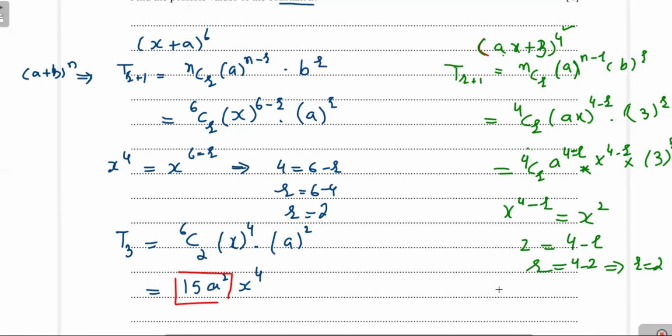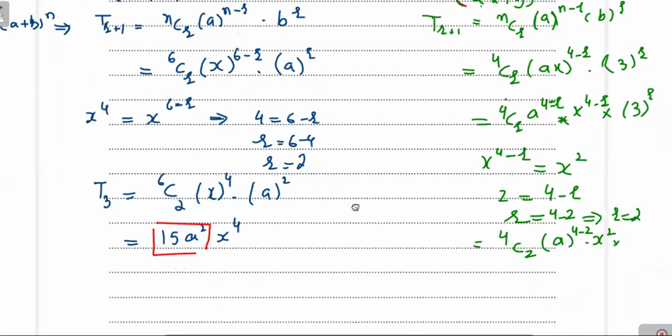Now we put the value in this formula 4Cr, we write it as 4C2 into a power 4 minus 2 into x square, because x power 4 minus r is x square, into 3 power r.